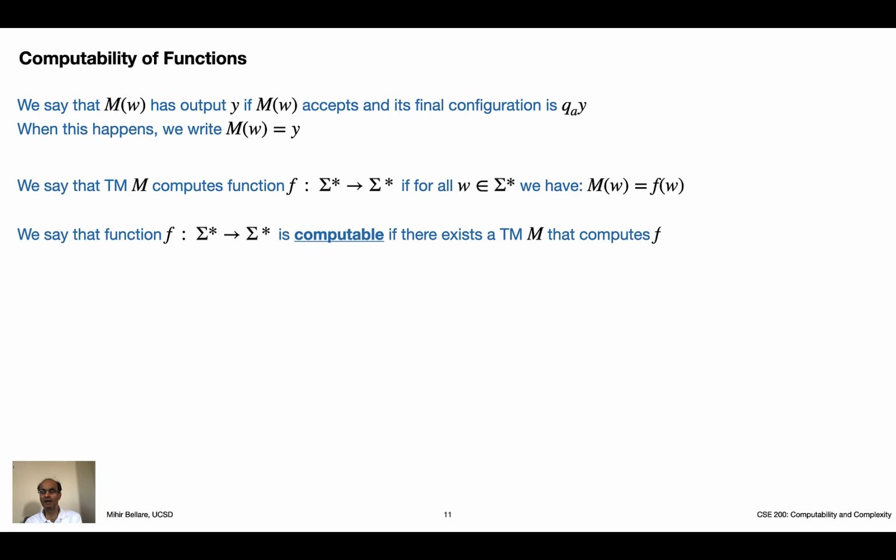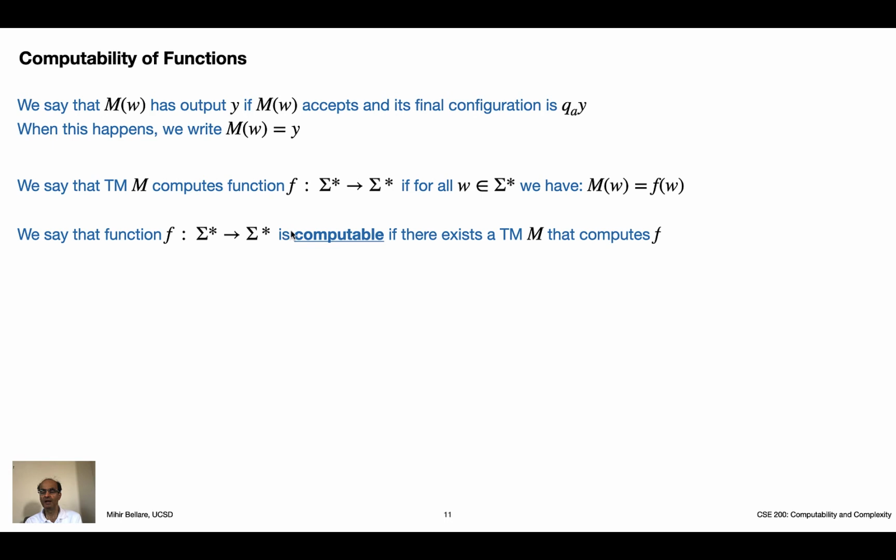More precisely, we'll say the Turing machine has output y, where y is a string, if its final configuration is an accept in which also the tape head is on the first square. Everything to the right of the tape head up to the first blank is the output. In configuration language, it would be written like this. And we might abbreviate this by just writing M of w equals y.